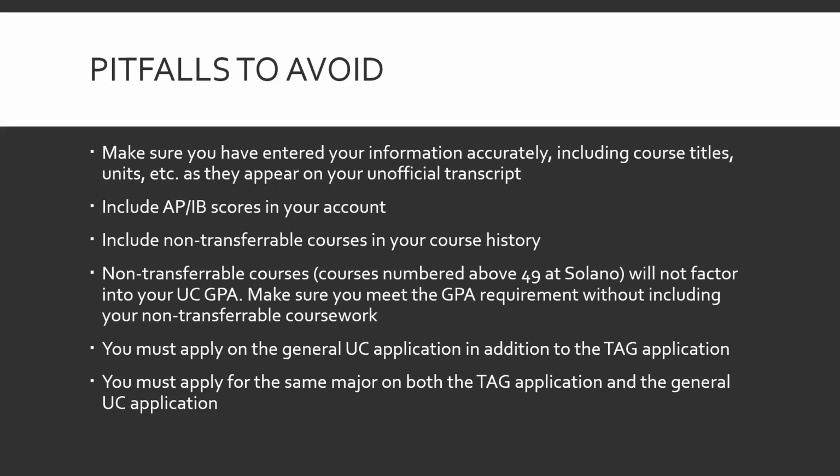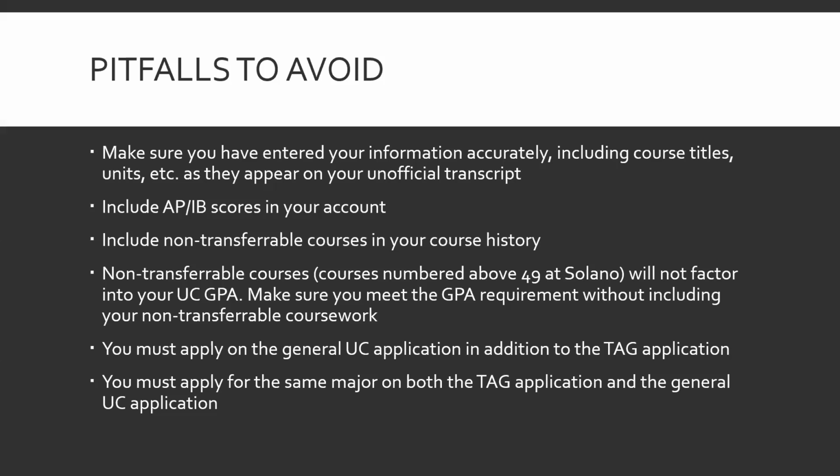Non-transferable courses are not going to factor into your UC GPA. Typically, those are going to be courses numbered above 49 at Solano. And so you want to make sure that those aren't inflating your GPA. So if you've earned, let's say, all A's in non-transferable courses that you've taken, that could possibly be taking your GPA higher than it might be just in your UC transferable courses.